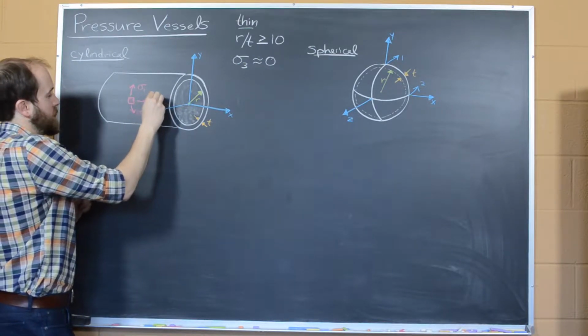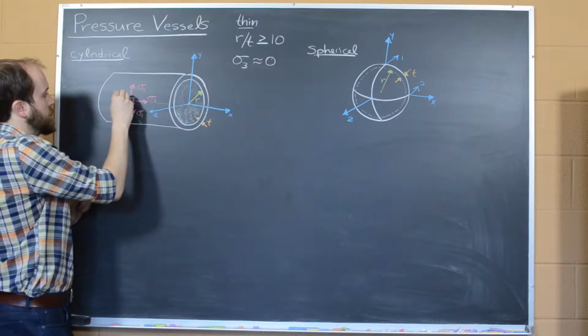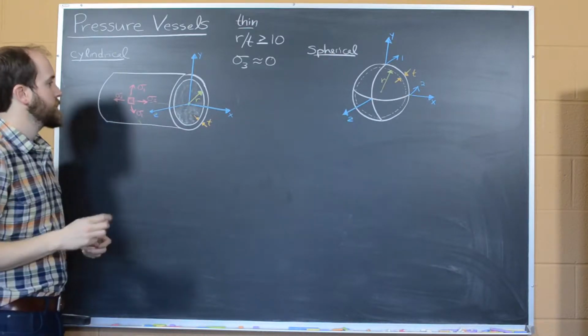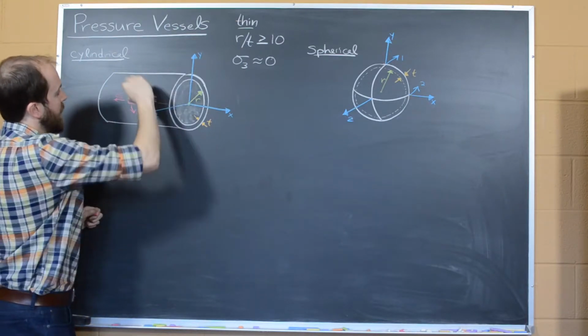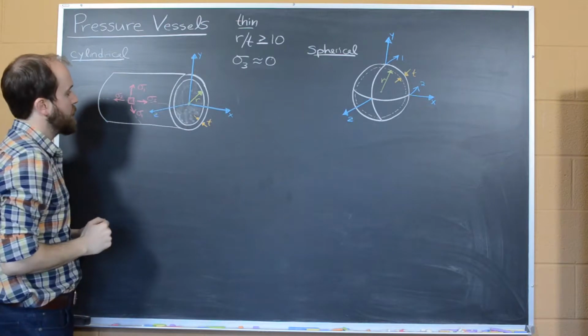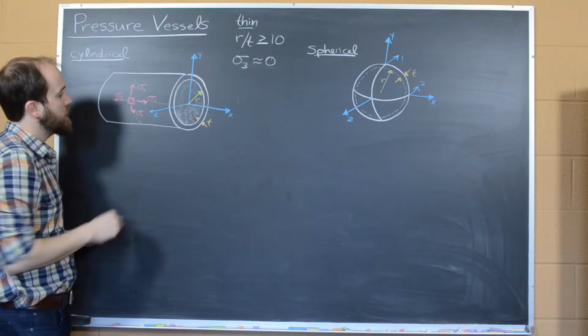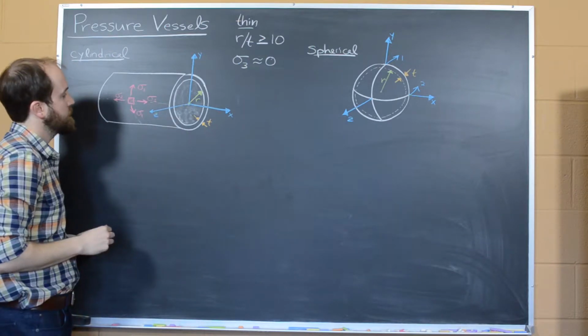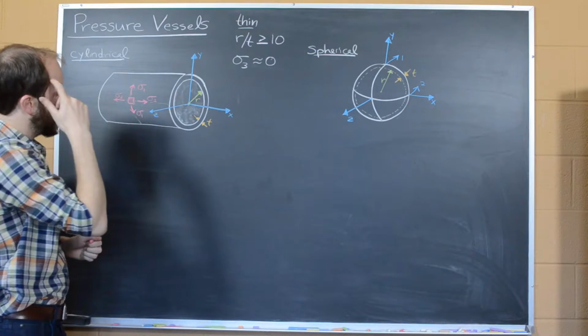And that'll be referred to as sigma 2. And you'll notice that this sigma 1 doesn't follow the y-axis, it runs along the circumferential direction here, although in the case of a cylindrical pressure vessel, sigma 2 runs along the x-axis. And so we're interested in evaluating sigma 1 and sigma 2 for a pressure vessel.